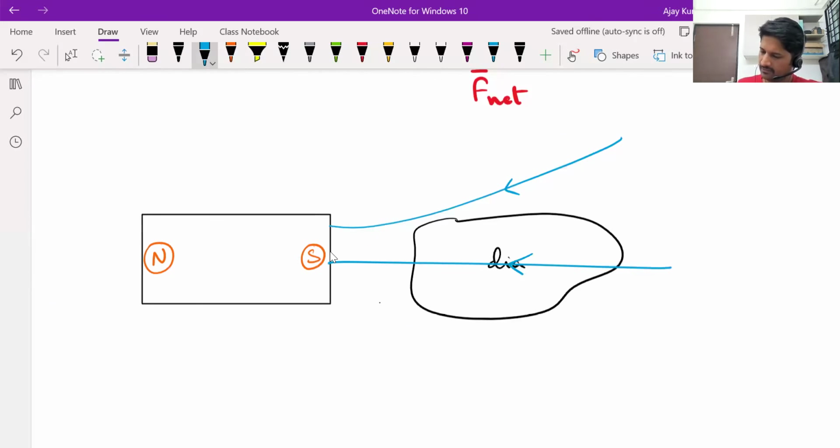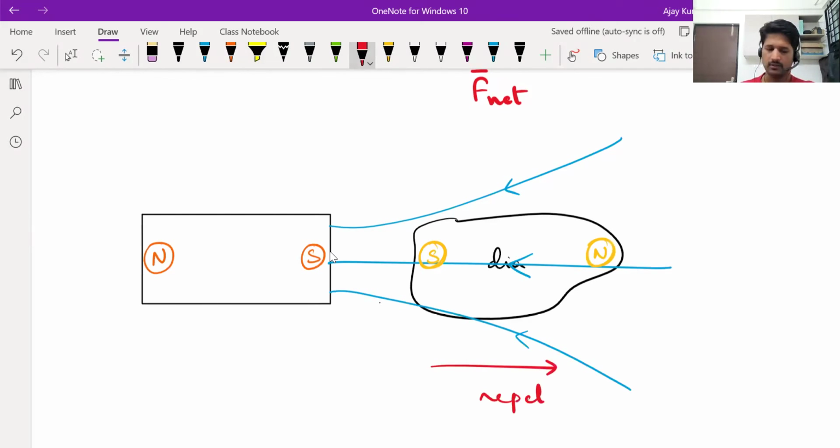So this time the external field is to the left. If the external field is to the left, the internal field will be to the right. If the internal field is to the right, then the north pole will be developed here, south pole will be developed here. South-south, repulsion will be stronger, it will still get repelled. So diamagnetic substances are repelled by magnets, or repelled by magnetic fields, you can say.